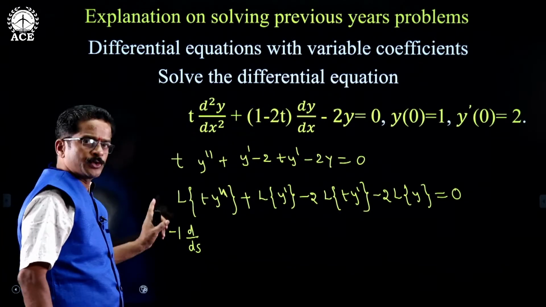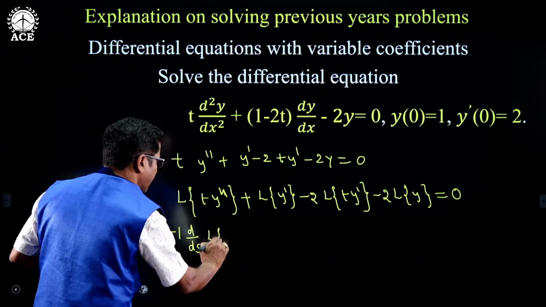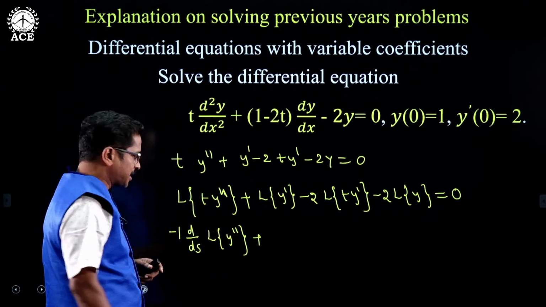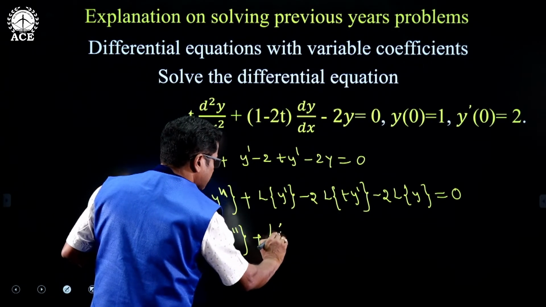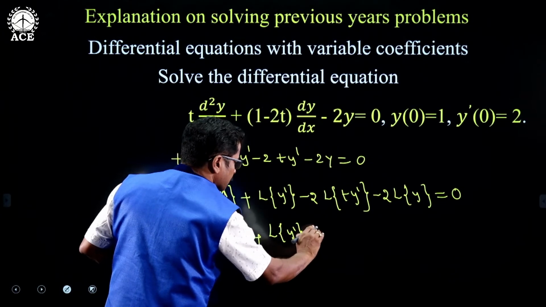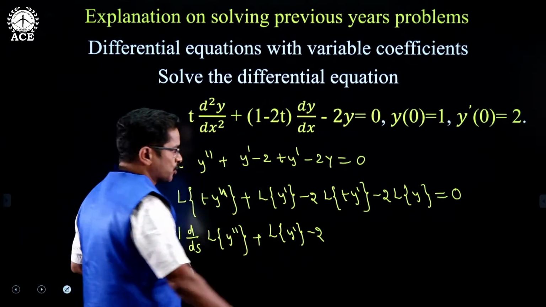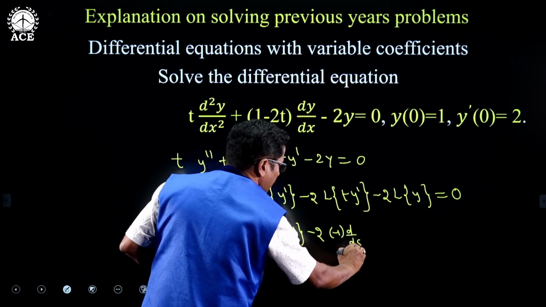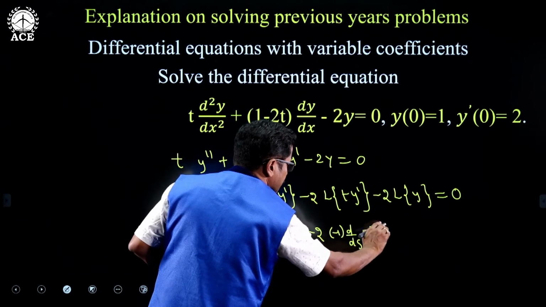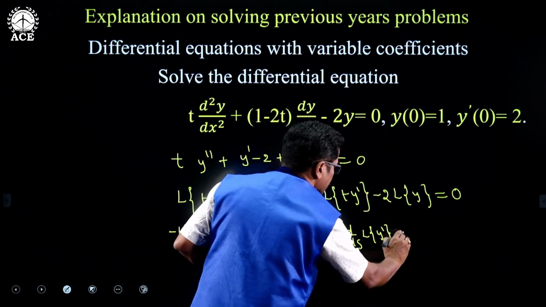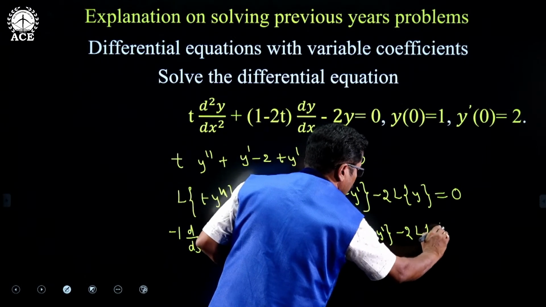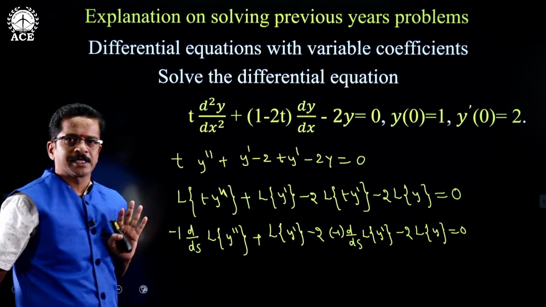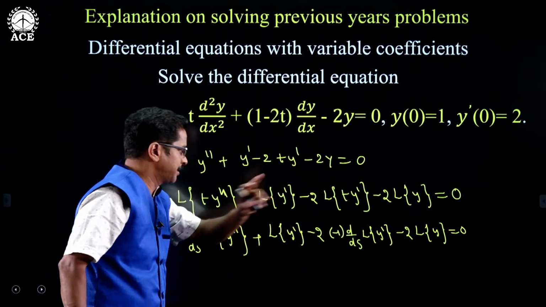So minus 1 into d by ds of L of y double dash plus L of y dash, which you write as it is, minus 2 into L of t into y dash. Here also multiplication by t, so minus 1 into d by ds of L of y dash, minus 2 into L of y is equal to 0. So here I applied the Laplace transform multiplication by t rule.